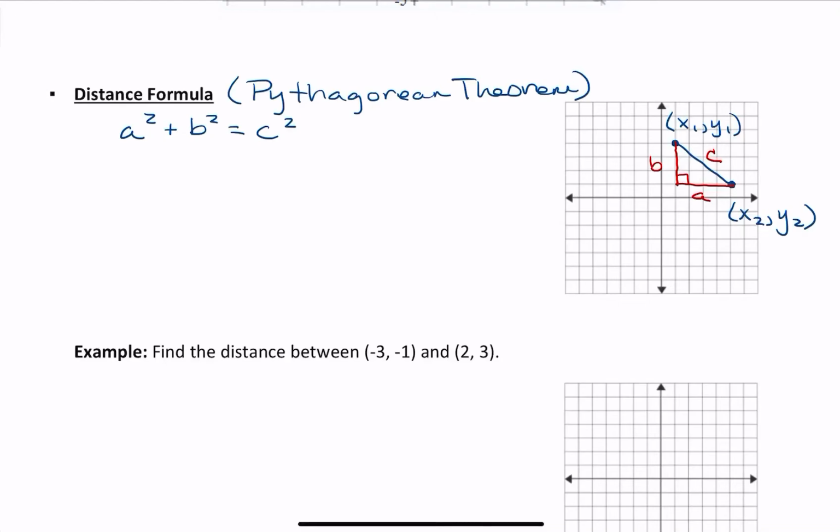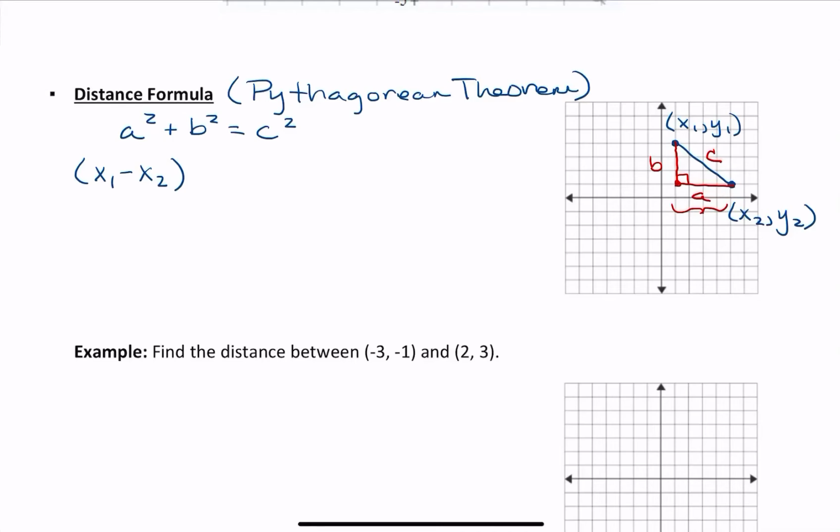So if we want to find C on this, A is going to be the distance from this point to this point, which to find that, you're going to subtract the x coordinates. So I'm going to have x1 minus x2.